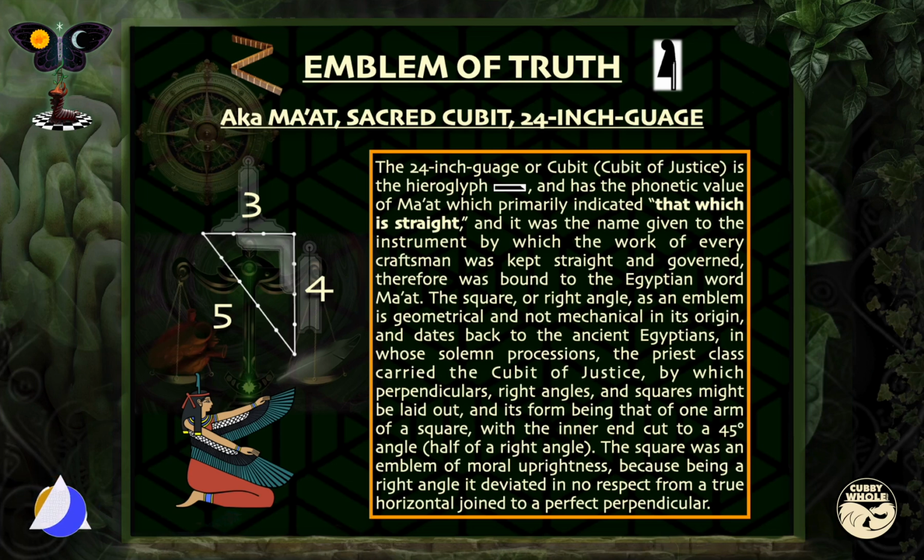And it was the name given to the instrument by which the work of every craftsman, every builder, was kept straight and governed. Therefore, it was bound to the Egyptian word Ma'at.